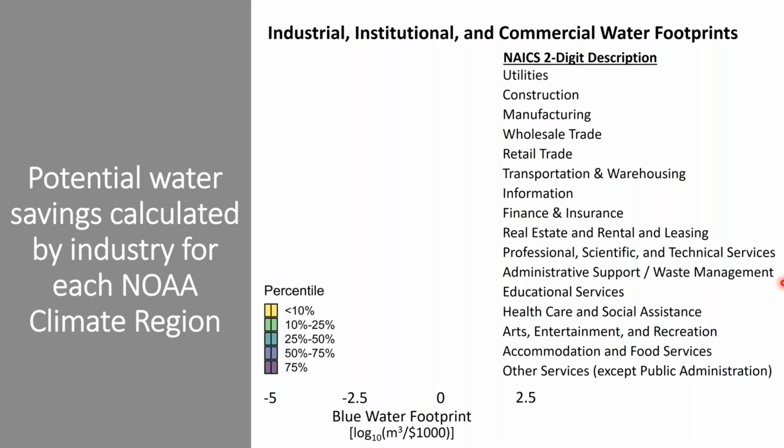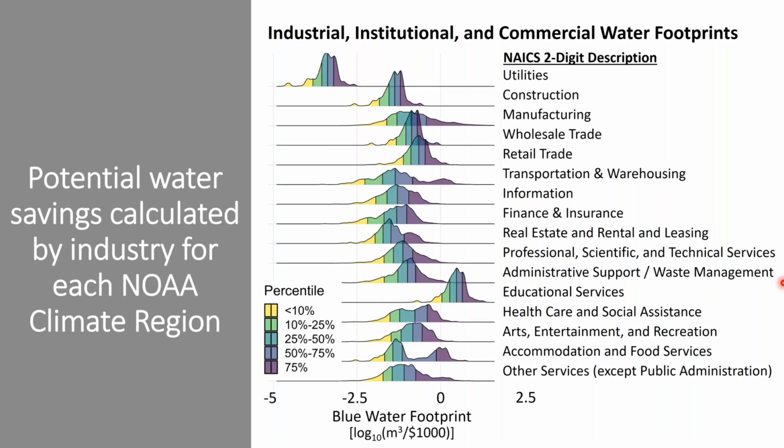These are aggregated up, and we show those same distributions I showed earlier again, this time in terms of cubic meters of water per $1,000 of production. So you can see that within each sector, there's this wide variability, and this doesn't show within each region. This is the national estimate. In our actual study, when we do our analysis, we break this down by region as well. Again, it's a little bit overwhelming trying to show that all on this slide, but this gives you a general idea of how we did this.